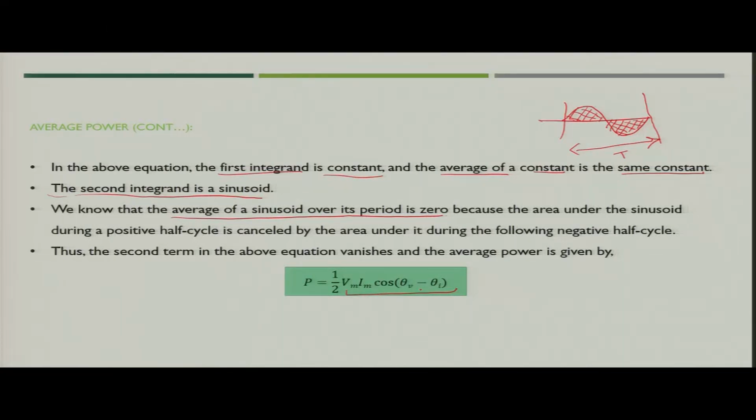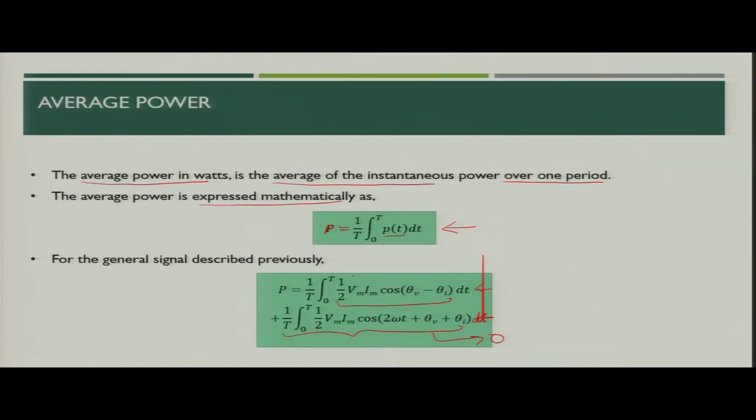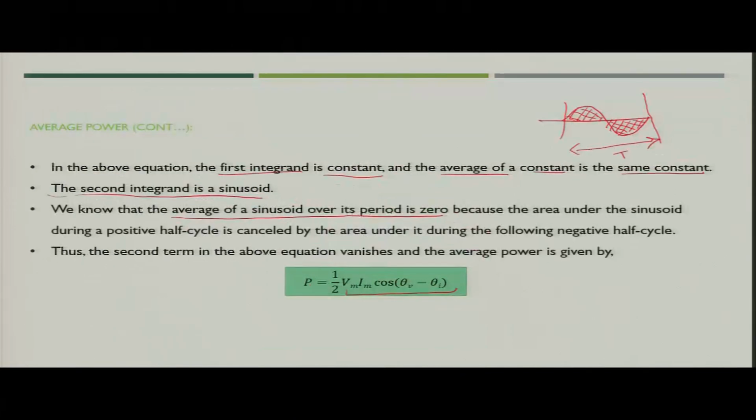This is nothing but the constant term which is left from the instantaneous power expression. So, the average power P is nothing but the constant term which we got from the instantaneous power.